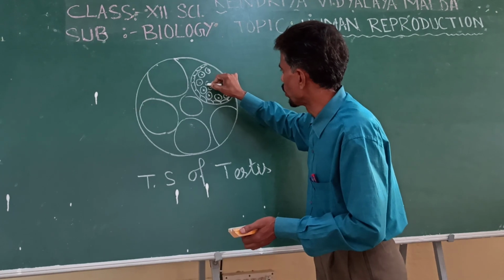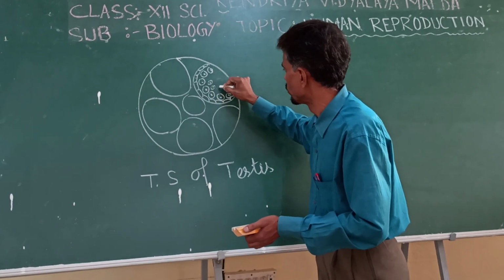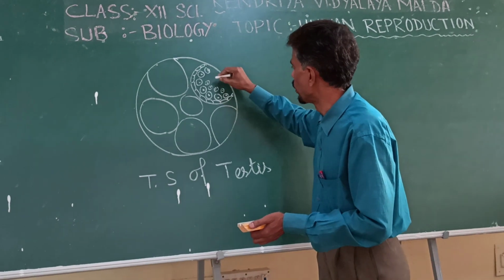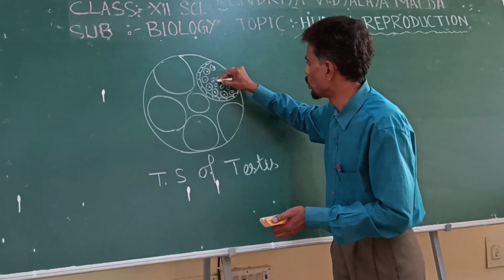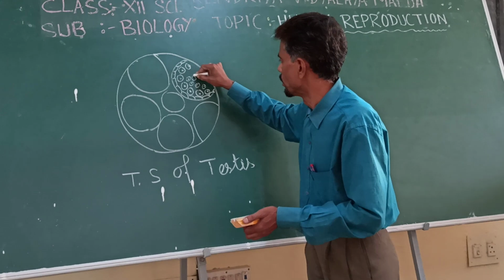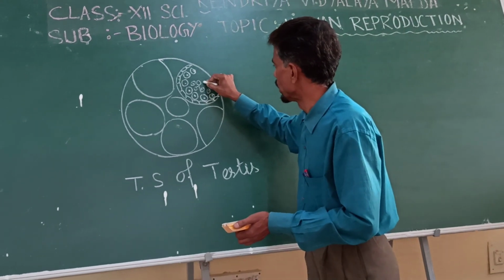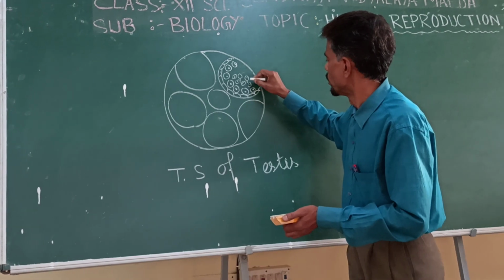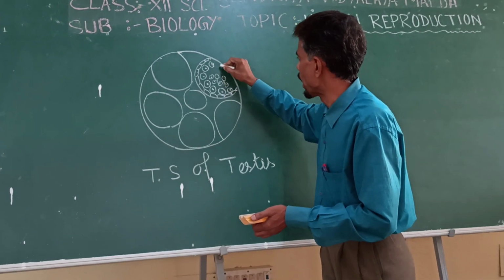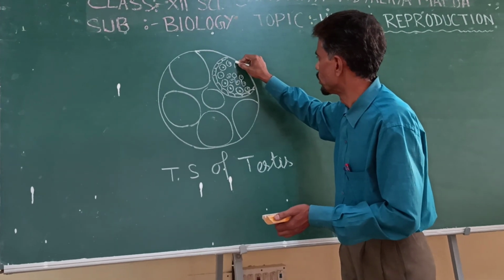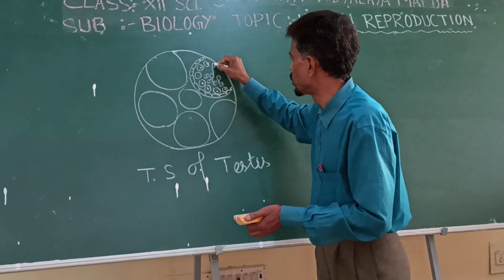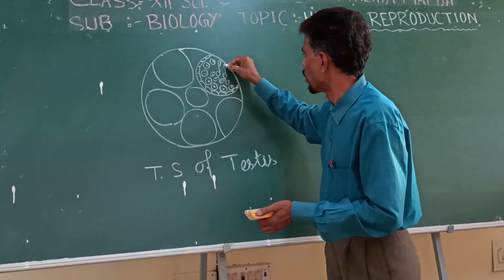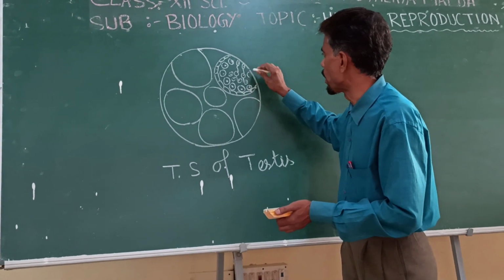This is what we call sertoli cell. And we have immature sperm, that is spermatid, and we have spermatozoa, or called mature sperm.